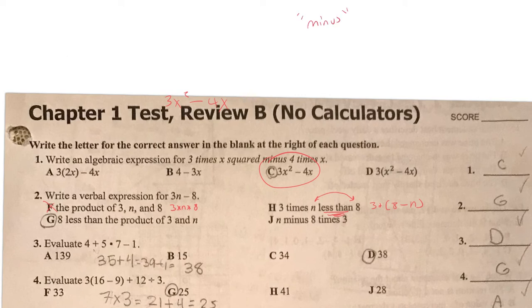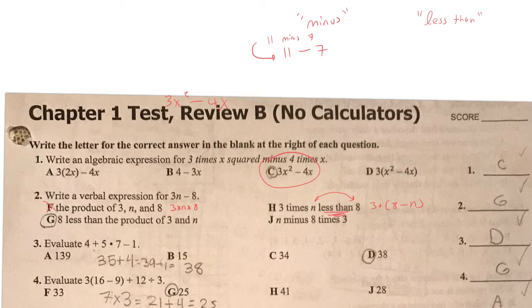But if I say 11 minus 7, notice that preserves the order. The 11 comes first, the 7 comes next. However, there's a couple of subtraction words where you have to switch the order. One of them is less than.